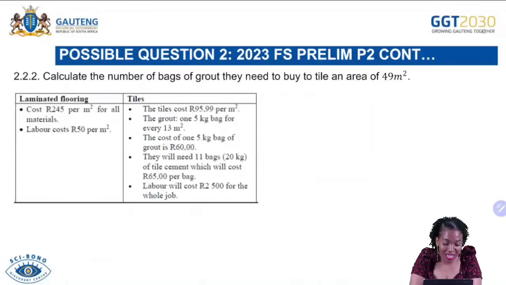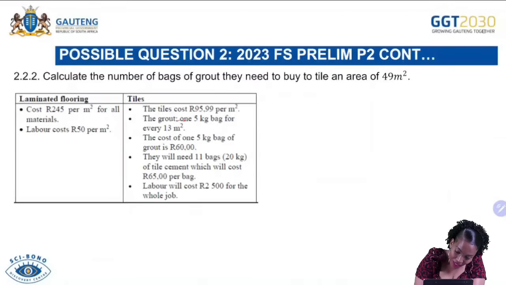2.2.2, calculate the number of bags of grout they need to buy to tile an area of 49 square meters. Remember, their grout, a 1 5 kg bag, it can cover 13 square meters.